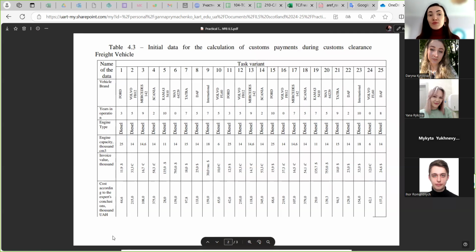For example, for first variant, it was 64.6 and multiplied by 1000. Or we can write 64,600 hryvnias. Okay, find for your variant this information.